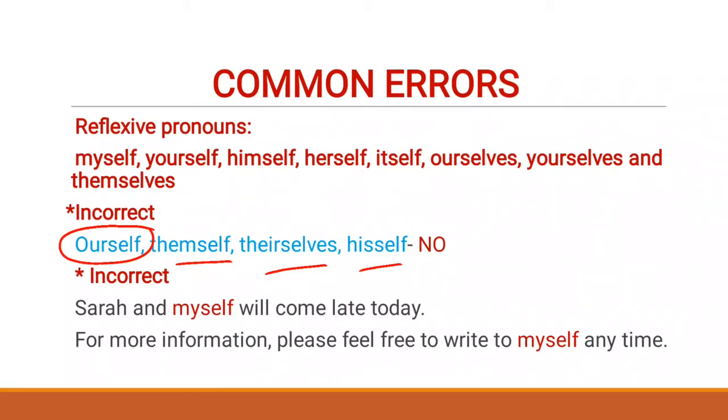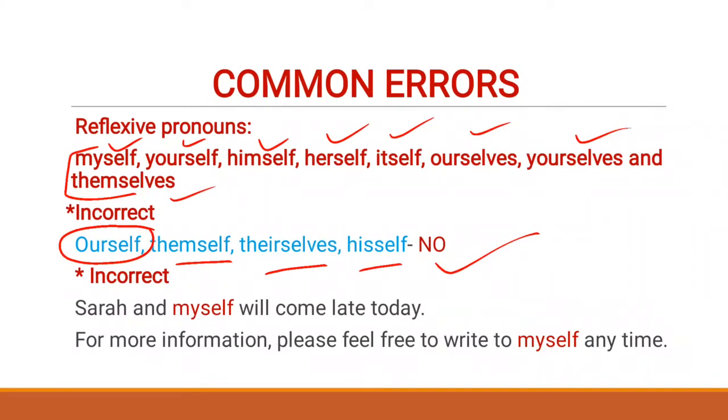I have already written all the reflexive and emphatic pronouns here. The correct emphatic and reflexive pronouns are myself, yourself, himself, herself, itself, ourselves, yourselves, and themselves. But many people still use these forms, which is a wrong use of reflexive pronouns in sentences.